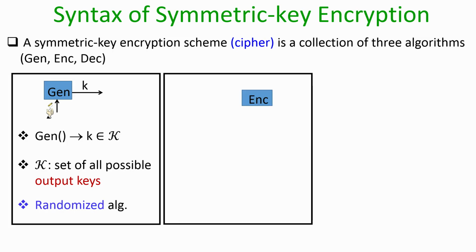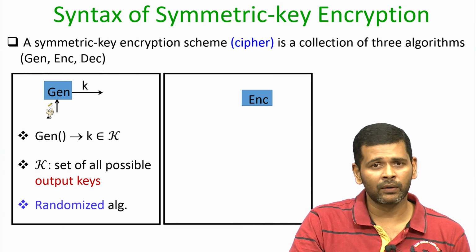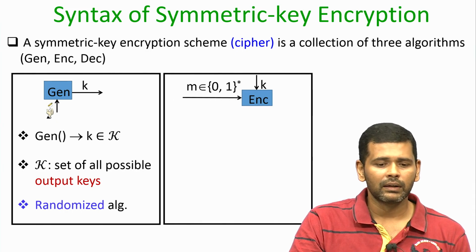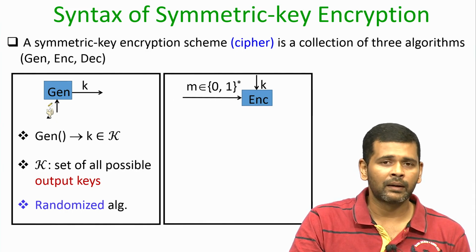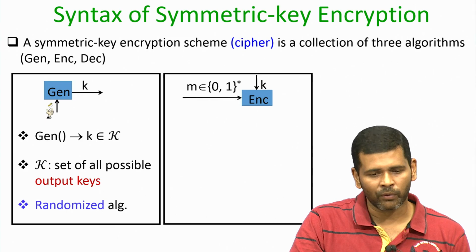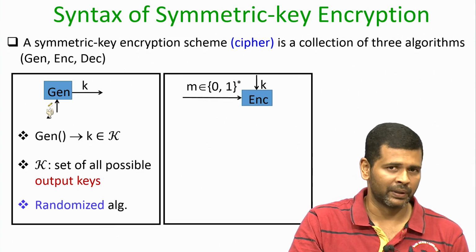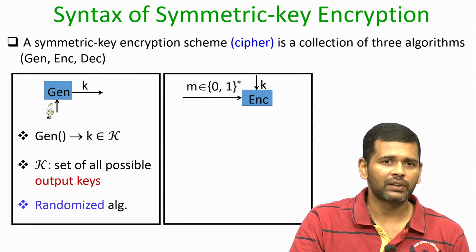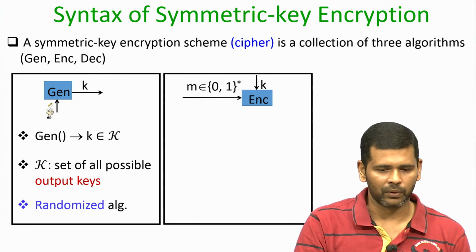The second algorithm in any symmetric encryption scheme is the encryption algorithm denoted as ENC, and it is going to take 2 external inputs, namely the plain text which the sender wants to encrypt, which is going to be a bit string which I denote by the symbol m, and the key k which the key generation algorithm would have output.